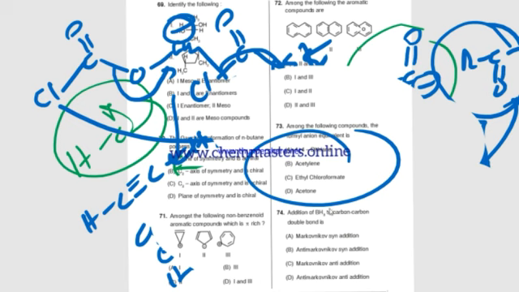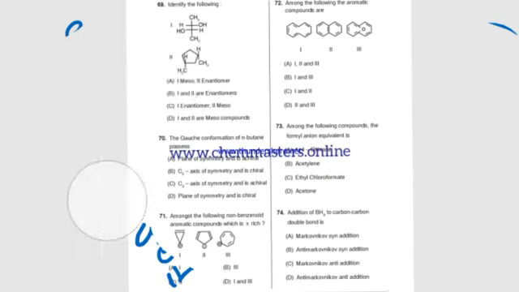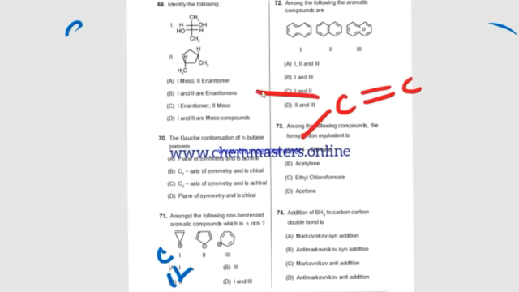Next question: addition of BH3 to a carbon-carbon double bond is. First, take an alkene here, C double bond C. For example, I am taking a branched alkene with R prime and R. Whenever we apply BH3 here, boron will always be at the sterically less crowded position.